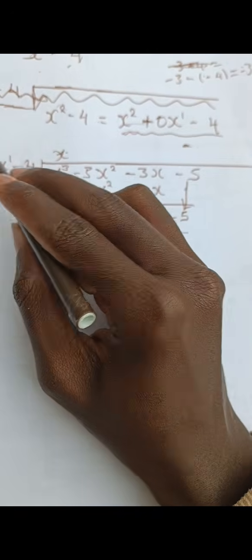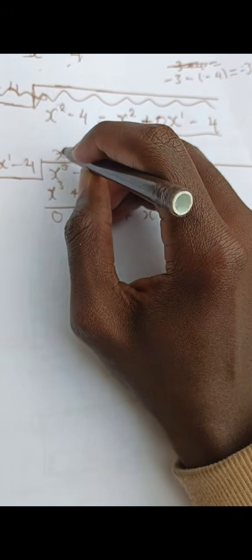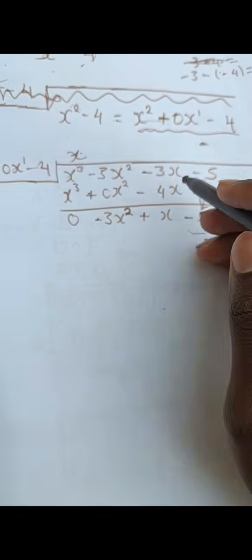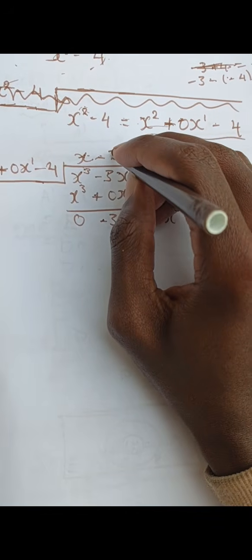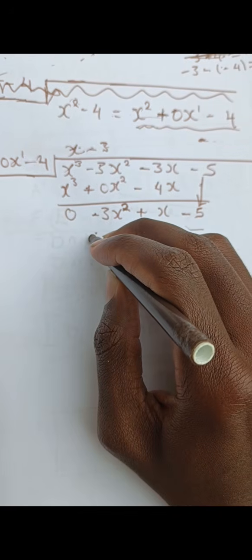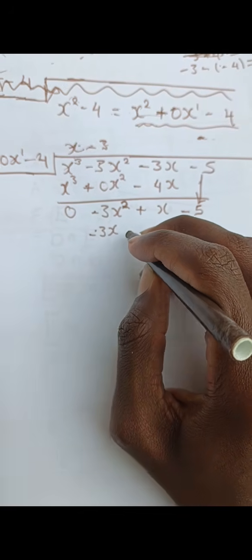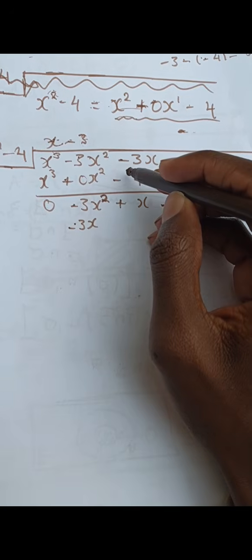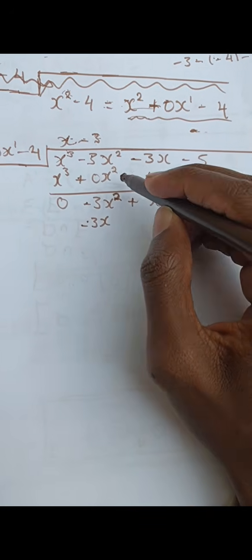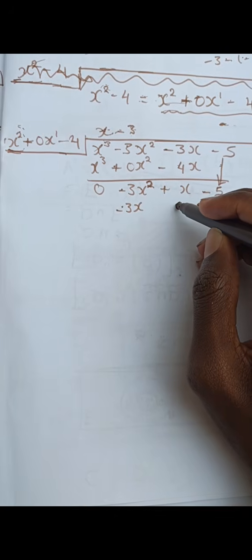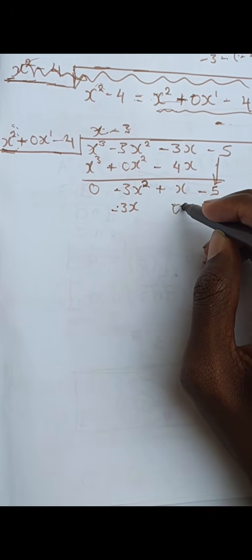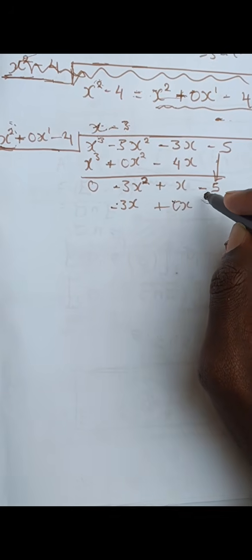So now let's say this into this one is going to give us, x power 3 into negative x power 3 is going to give us negative 3. Negative 3 times x power 2 is going to give us negative 3x. Negative 3 times 0x is going to give us plus 0x.